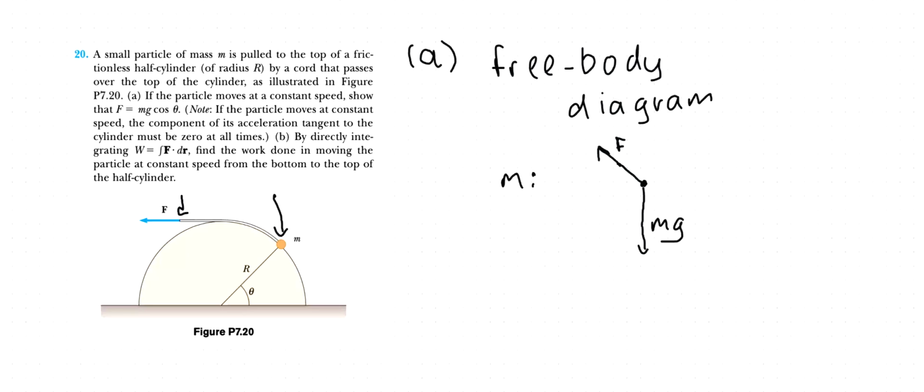The third force acting is obvious, and that would be the normal force. That's what keeps it going in the semicircular path dictated by the cylinder, and that force is this way.